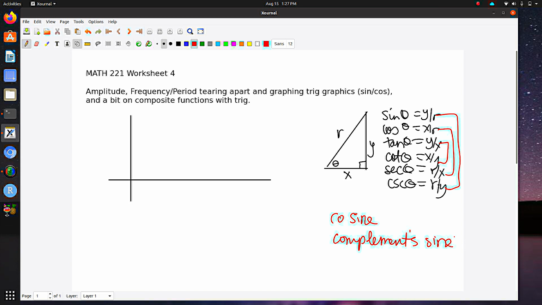Okay, that's what that means. So what it means is the cosine of theta means if you move the theta up here, then what would the sine be? That's what it's really saying. It has nothing to do with being a reciprocal. It has to do with being a complement. And so that's how that notation came to be. And so now you know the secret. It took me years to figure that out because nobody told me.